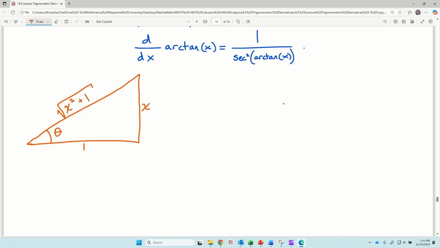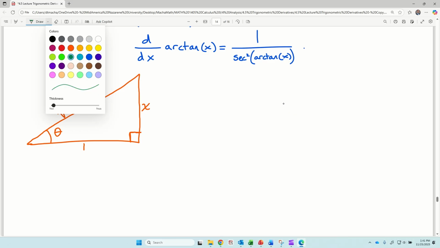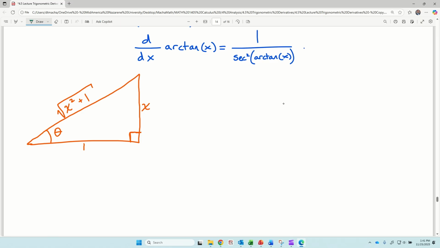Think about that for a moment. The Pythagorean theorem says the hypotenuse of this right triangle is going to be the square root of both of the sides squared. That means the tangent of theta is opposite over adjacent, so x divided by 1, and the tangent of theta is x.